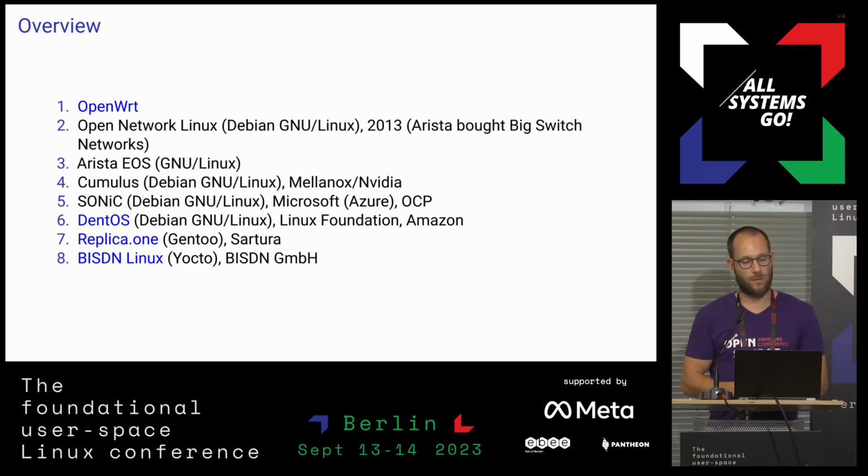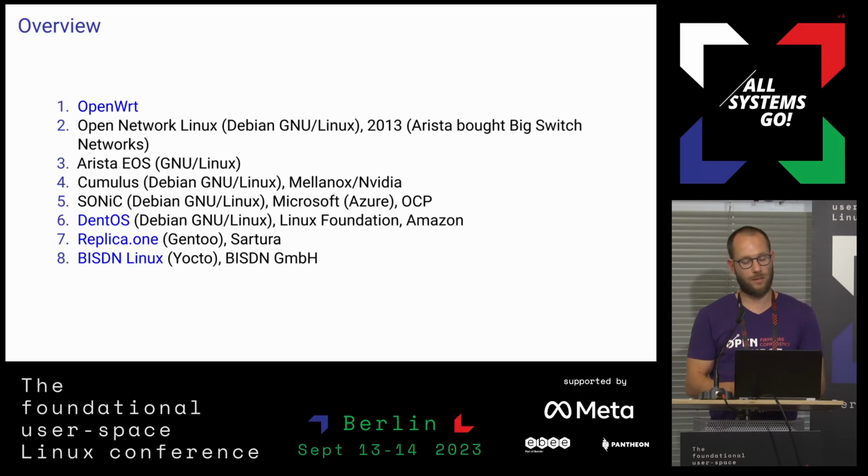Then in 2013, Big Switch Networks created Open Network Linux, ONL, which is based on Debian Linux. I will go a little bit more into the details, but to say it right now, it's currently unmaintained. It's a little bit sad, because there are now so many distributions, and in my opinion, a lot of work is wasted because of this.